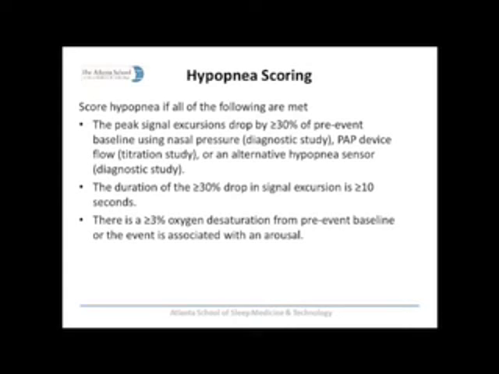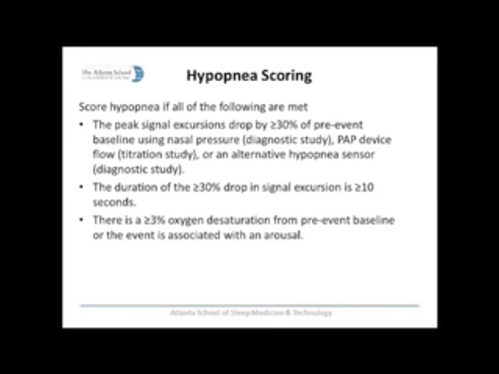Hypopnea scoring, there is significant change here. We score hypopnea if all of the following are met. The peak signal excursions drop by at least 30% of pre-event baseline using nasal pressure in a diagnostic study, PAP device flow in a titration study, or an alternate hypopnea sensor in the diagnostic study.